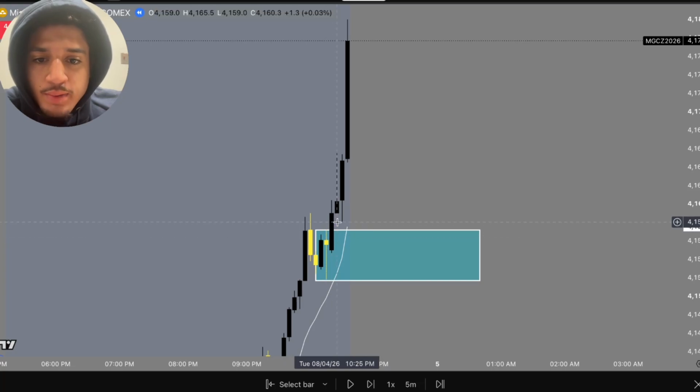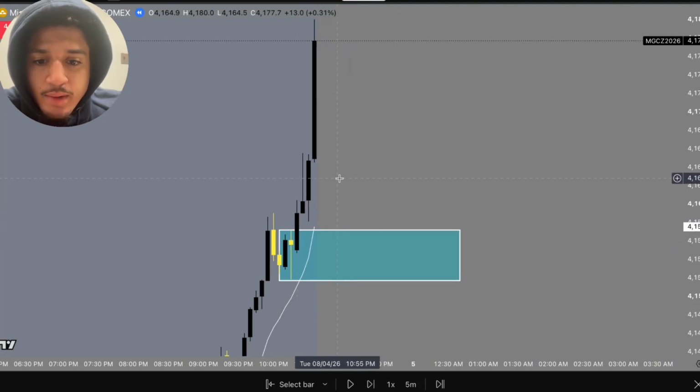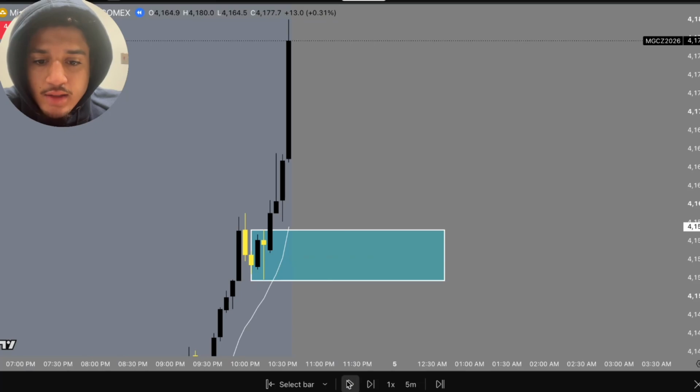I like it to be pretty quick. I would have wanted the gap to get created and come back to my zone pretty quickly and then continue up. Instead, we just shot straight up. Sometimes it can still hit, but from what I know, it's not a good idea. So we'll see what happens.